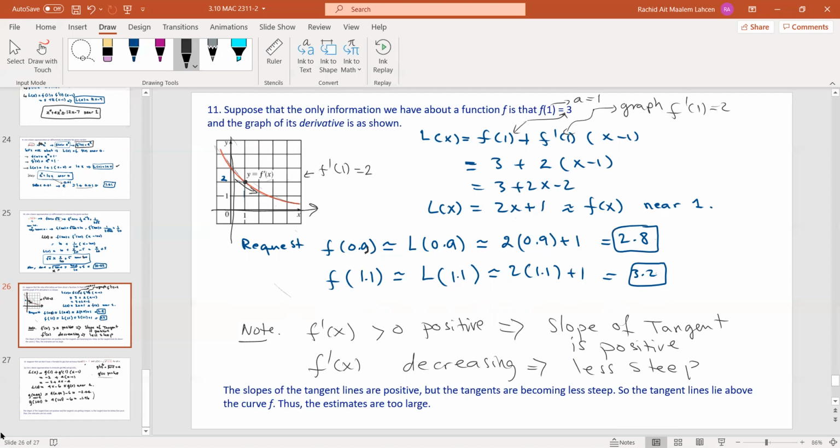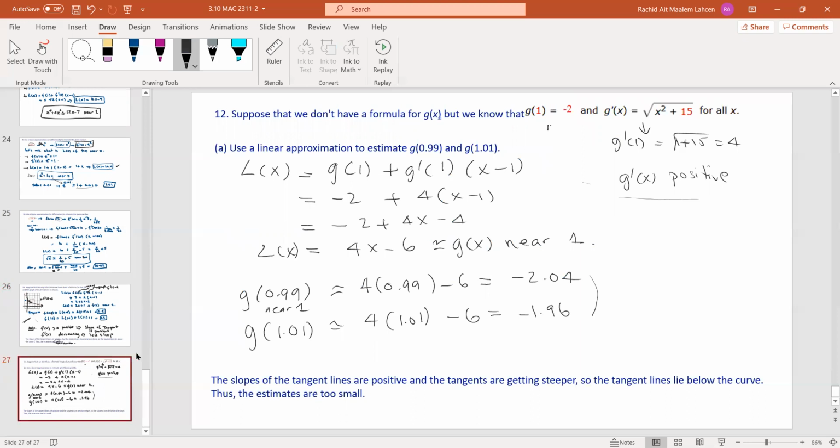If they are less steep, then the tangent lines lie above the curve, just like the other example we did previously. That's what it means above the curve. And if it's above the curve, then you have too large, or maybe we say an overestimate to match the notes, but in the homework they say too large.